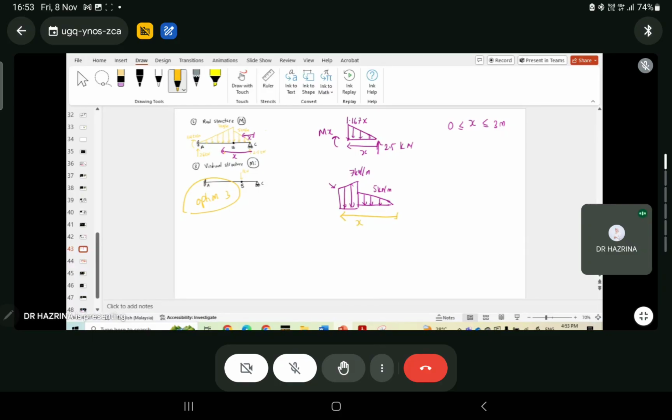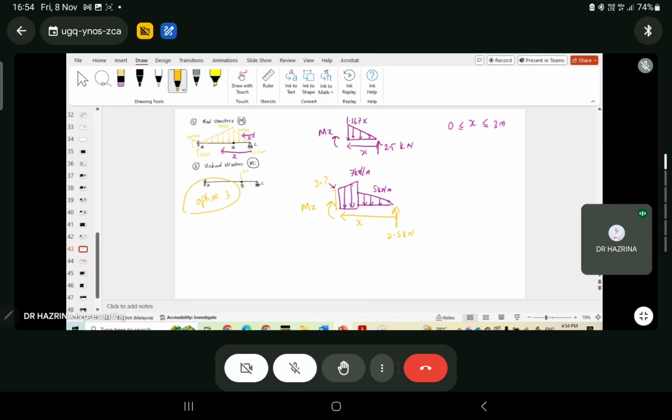Okay, so bila you kira, so you ada 2.5 kilonewton. And then you nak kira you punya MX dekat sini. Alright, so bila you nak kira MX kat sini, again you need to find what is the Y here. So here would be berapa value dia. So bila nak kira, you ada trapezoidal load kat sini.